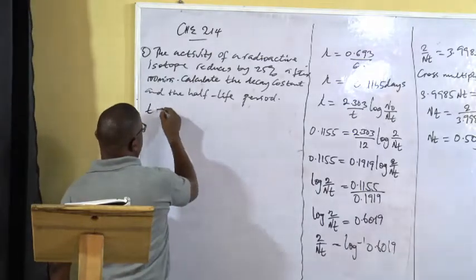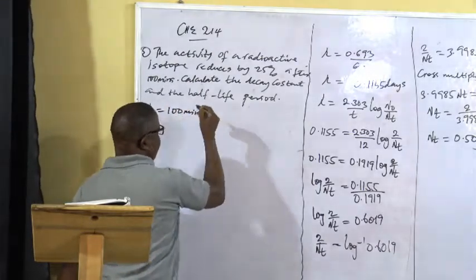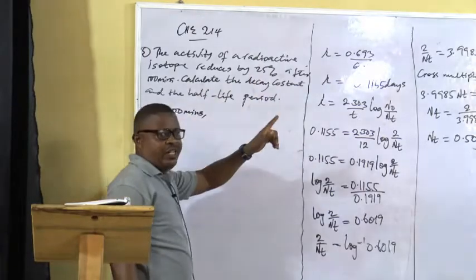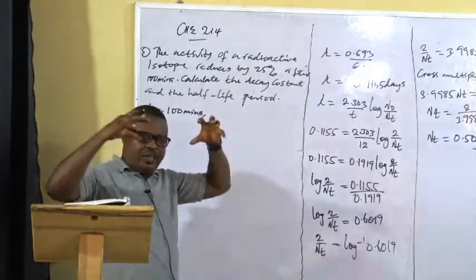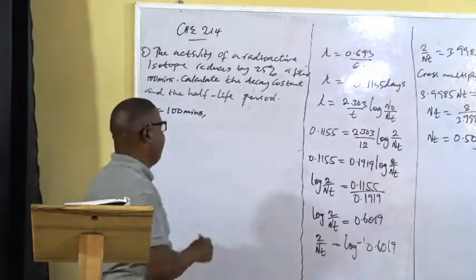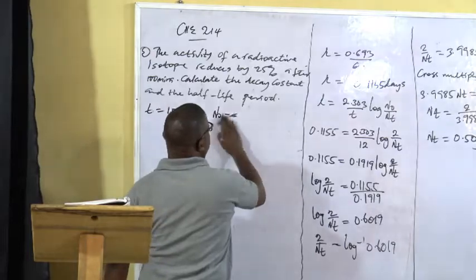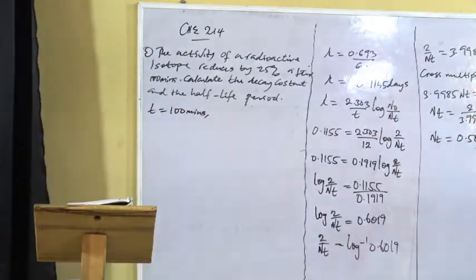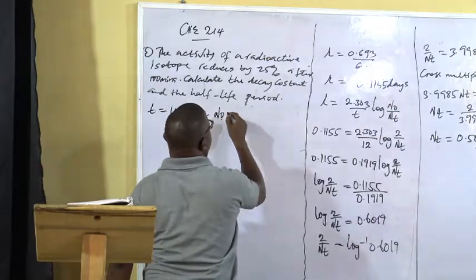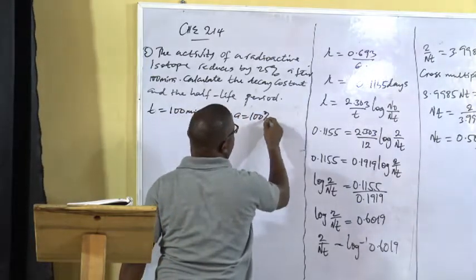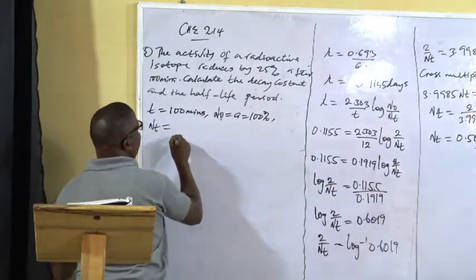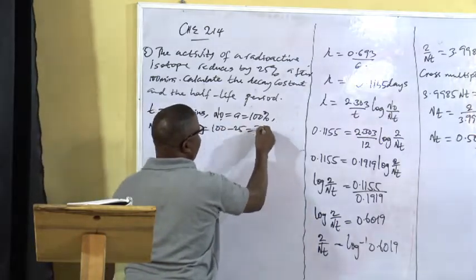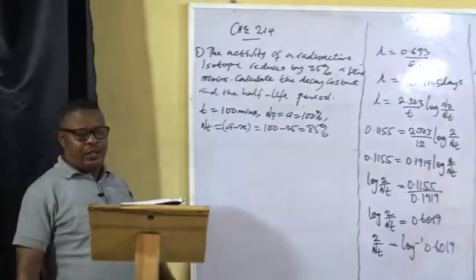We are given our T to be equal to 100 minutes. They said 25% of it decayed. That means the original mass is going to be 100%. So N0 is equal to A, which is equal to 100%, while NT is equal to A minus X, which is equal to 100 minus 25, which is equal to 85%.